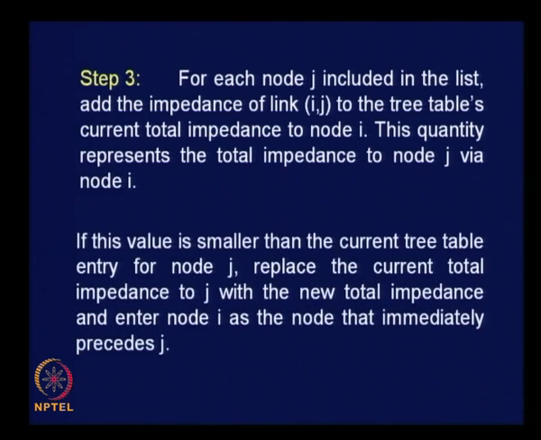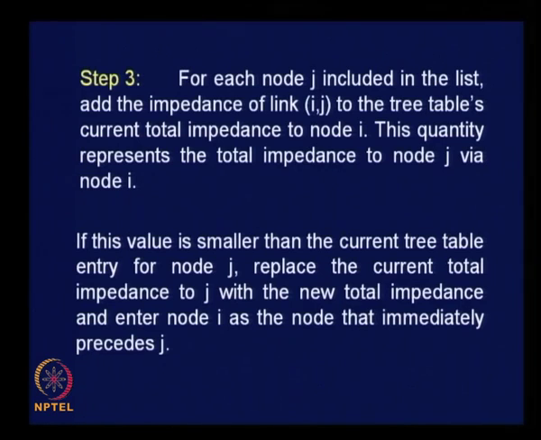If this value is smaller than the current tree table entry for node j, replace the current total impedance to j with the new total impedance and enter node I as the node that immediately precedes j.